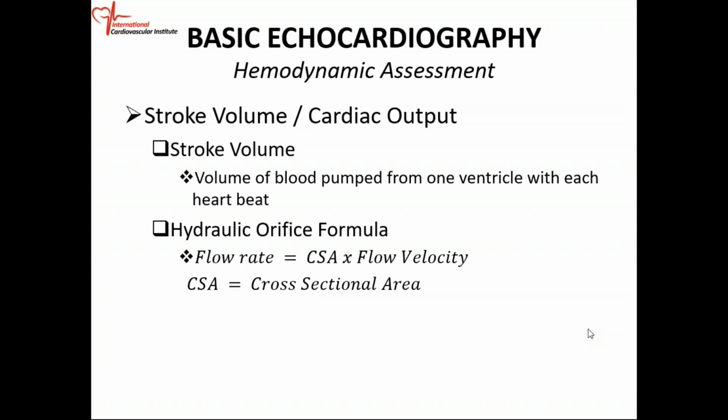Okay, so the definition is crucial: the volume of blood that's pumped out of the ventricle per beat. And when we say cardiac output, it is the volume that is pumped out of the ventricle per minute. So the two definitions vary. And we're going to show you how to use hemodynamics to calculate or get stroke volume and cardiac output.